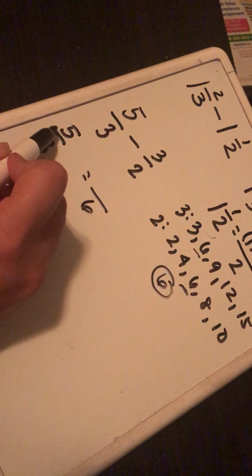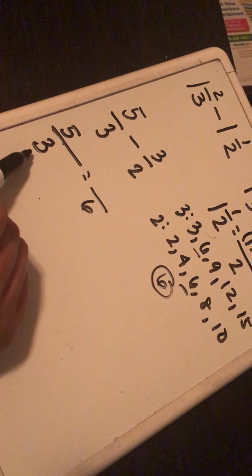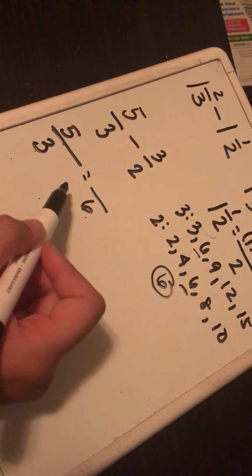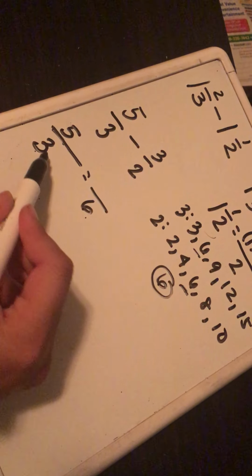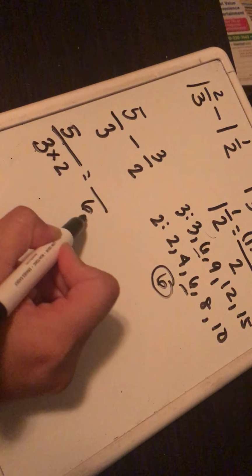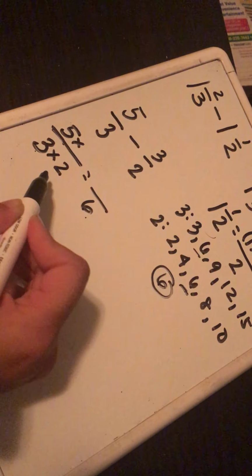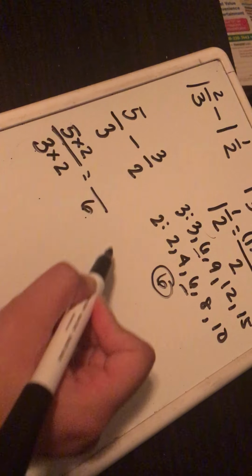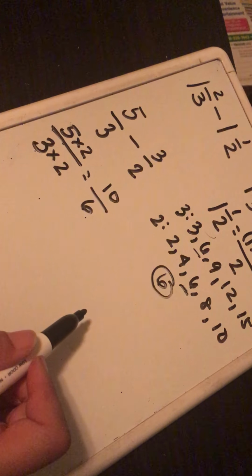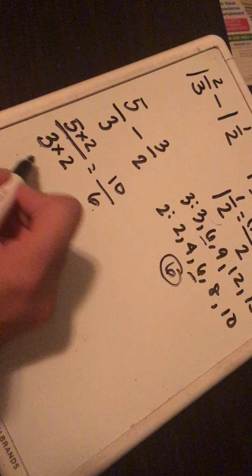I need to change my denominator from 3 to 6, so what number can I multiply 3 by to get 6? 3 times 2 gives me 6. Since I multiplied the denominator by 2, I have to multiply the numerator by 2. So 5 times 2 is 10, and 3 times 2 is 6.